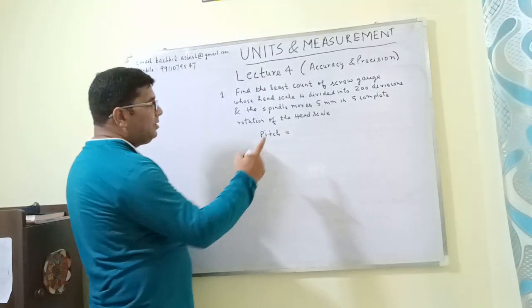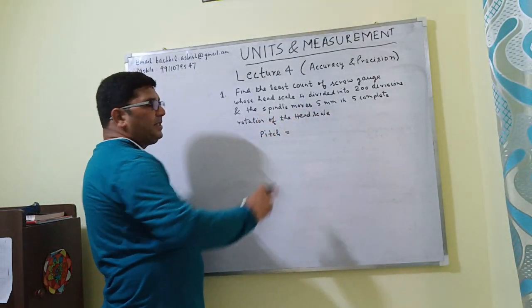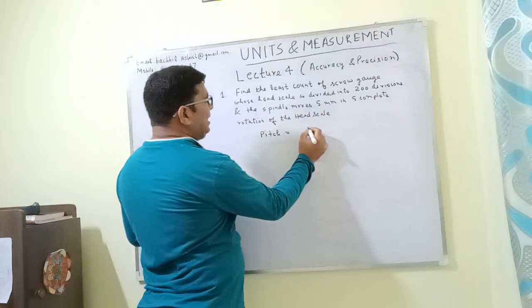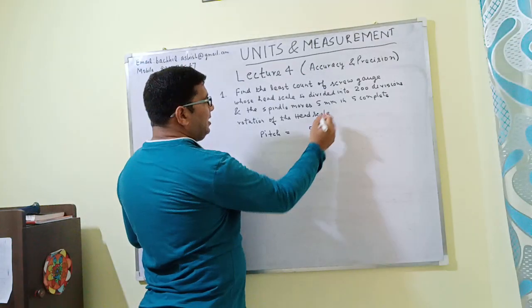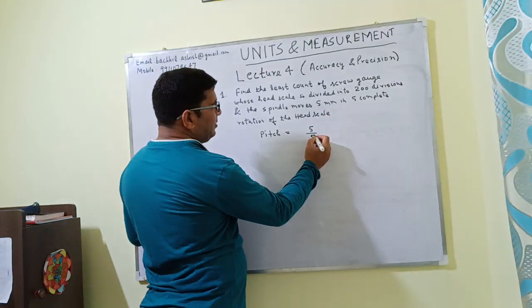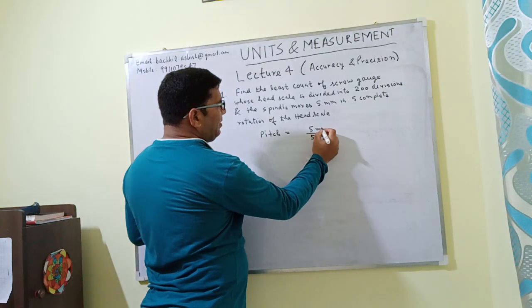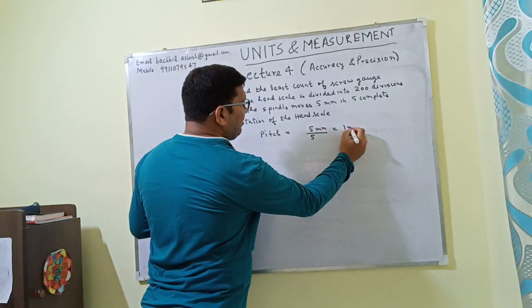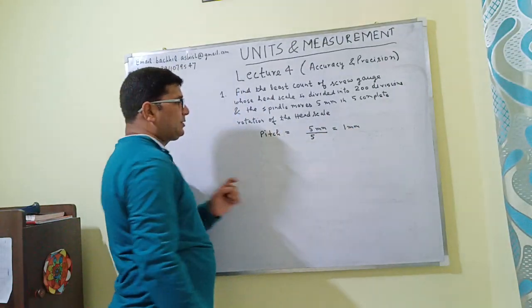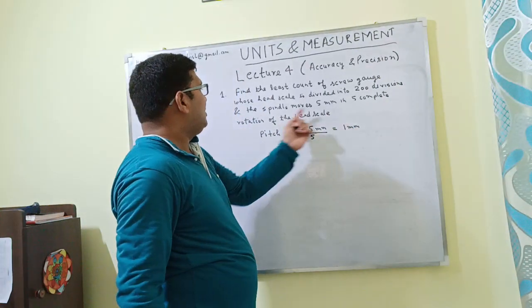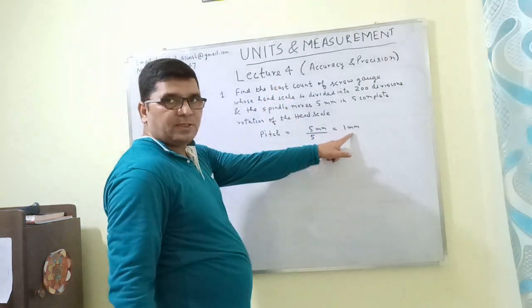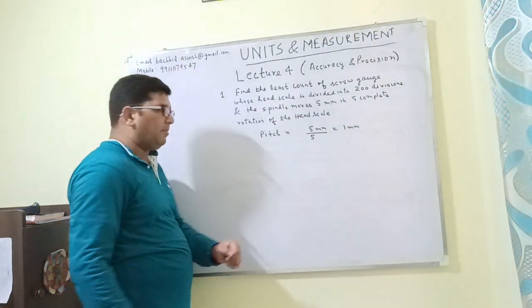Pitch is equal to the distance travelled by the spindle in 1 revolution. So here the spindle has moved 5 mm in 5 complete revolutions. So the pitch is equal to 1 mm. That is the distance moved by the spindle of the screw gauge in 1 rotation.